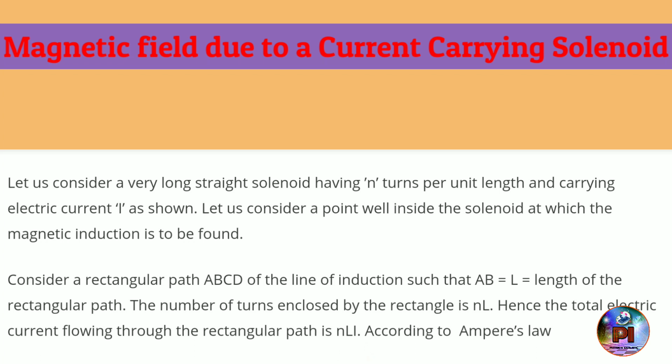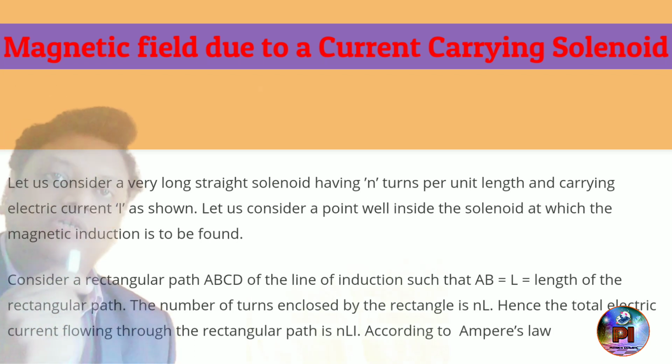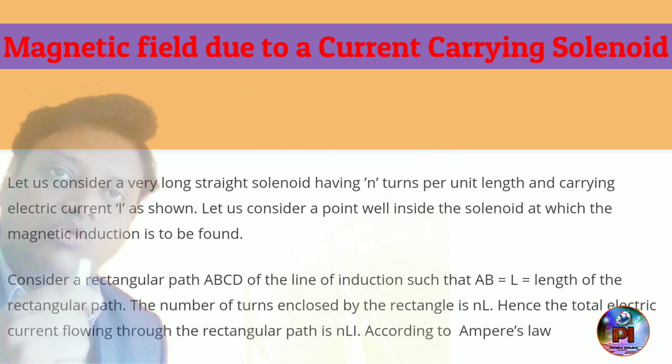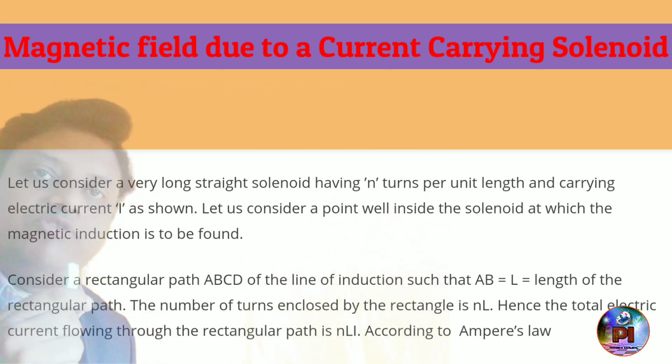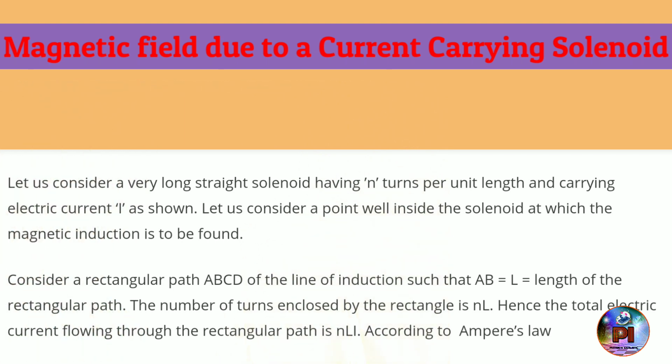Now the number of turns enclosed by the rectangle will be n into L, that is equal to capital N. I already told you capital N is the total number of turns, which is the product of small n and L. Now the total electric current flowing through the rectangular path will be taken as nLI, that is the total number of turns multiplied by the current I.